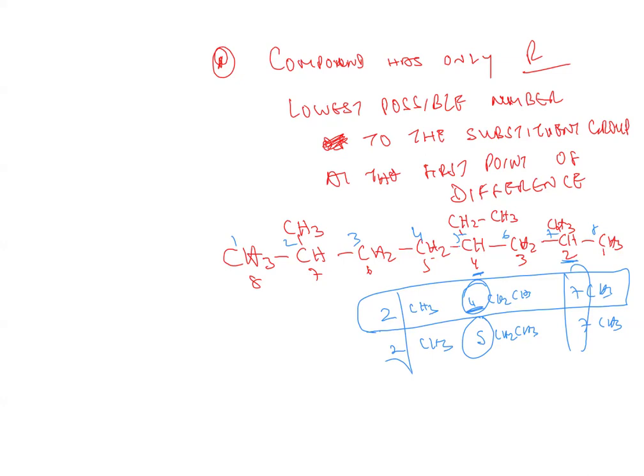Now, this is difficult to explain, but if you have a case where the same numbering comes whichever way you do it, for example 1, 2, 3, 4 from the top and 1, 2, 3, 4 from the bottom, both ways are the same. Then which one are we going to select? You select the one that gives the lowest number when you are naming according to alphabetical order, because when naming, you name the substituents in alphabetical order.